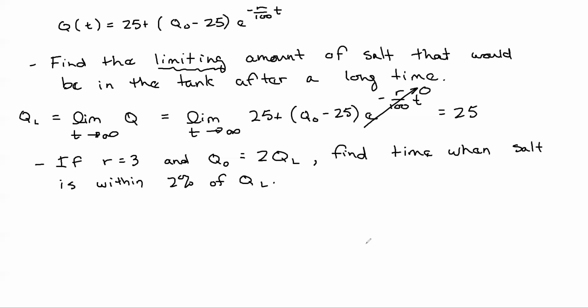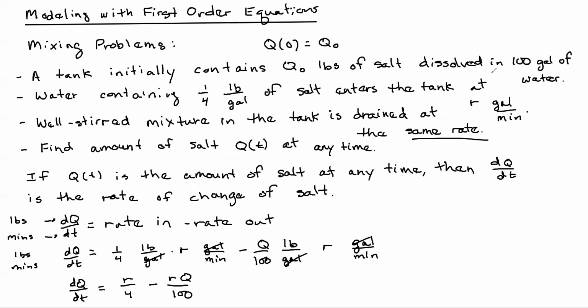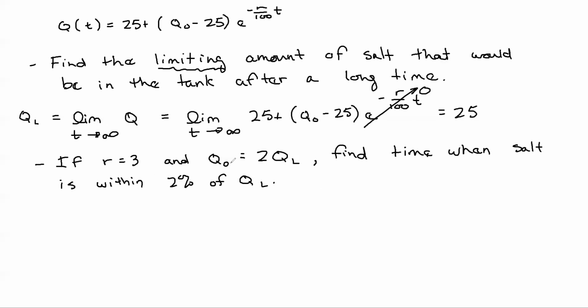Okay, so here's a potential question that you could be asked. We're saying that the rate is 3, which looks a little strange, but if you go back to the original problem, we did specify units. So we're talking about 3 gallons per minute. If the rate is 3 gallons per minute, and the initial amount of salt, remember that Q naught is the initial amount of salt, is double the limiting amount, the amount that you'd have after a very long time, find out how long it will take before the amount of salt in the tank is within 2% of the limiting amount.